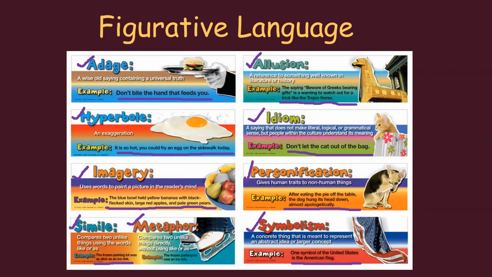And then we have a metaphor which also compares two unlike things directly without using like or as. Our example using the same one we used for the simile is the frozen parking lot was an ice rink. So this time the parking lot was an ice rink as opposed to a simile where it was as slick as an ice rink.